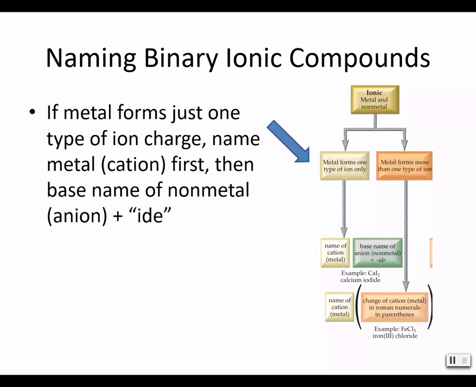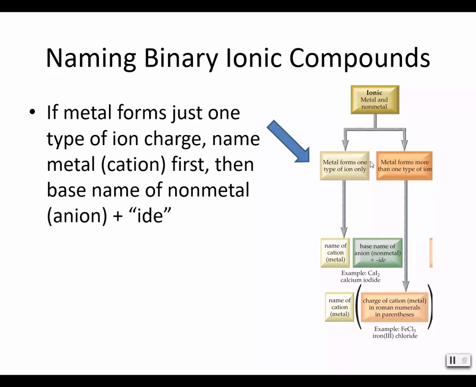Once you determine it's an ionic compound, the next thing you need to determine is you need to look at the metal, the cation, and determine if it is a metal that forms one type of ion or one charge, or if it can possibly form more than one type of ion. How do you know if a metal falls into the one type or more than one type category?